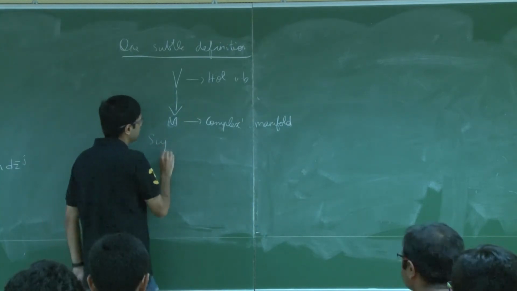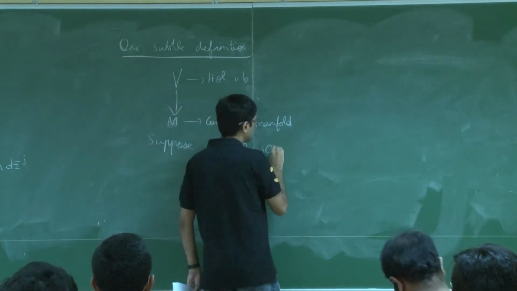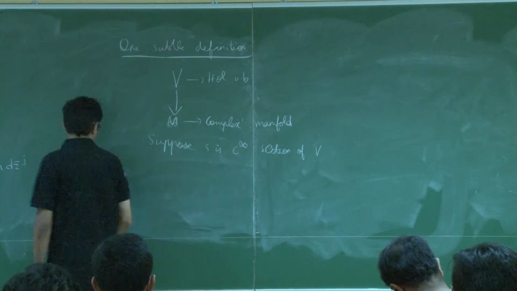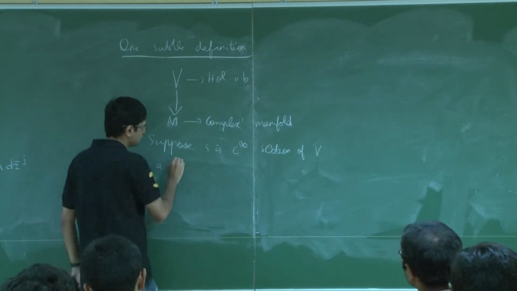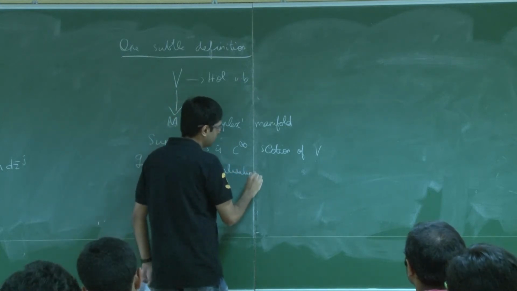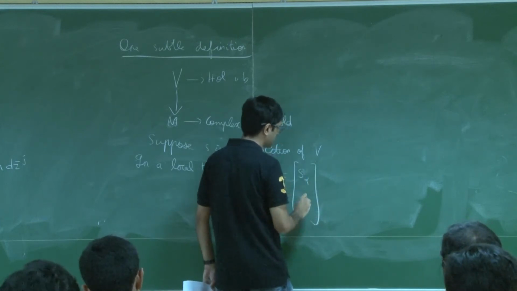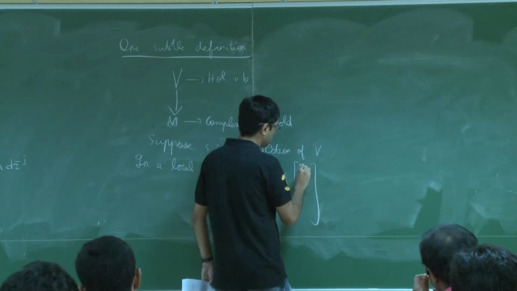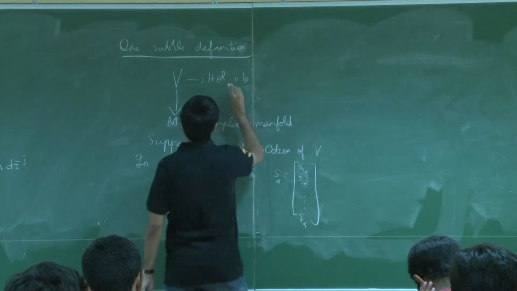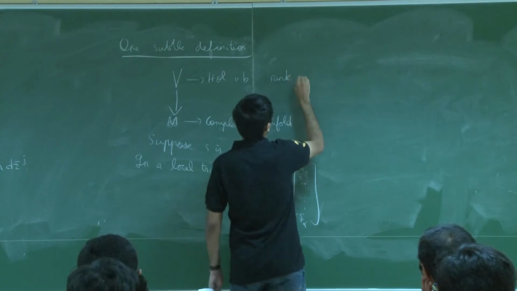Suppose S is a smooth, not necessarily holomorphic, section of this holomorphic bundle V. Okay? So, in a local trivialization, S can be thought of as a vector full of functions. S alpha is a vector full of functions.